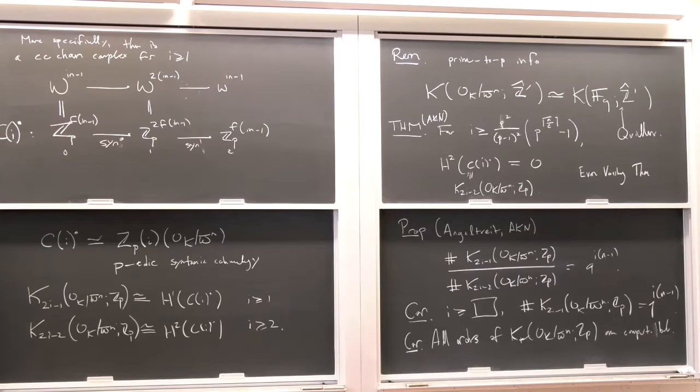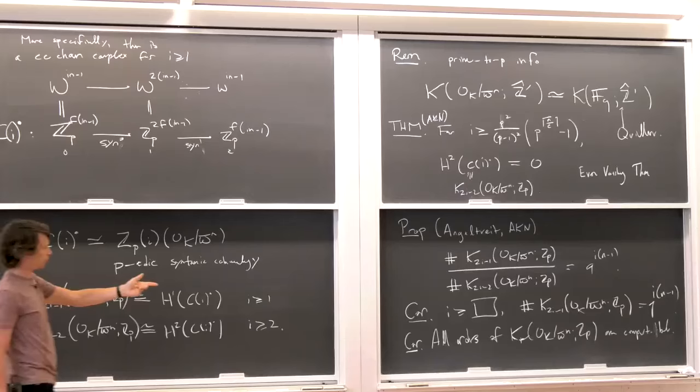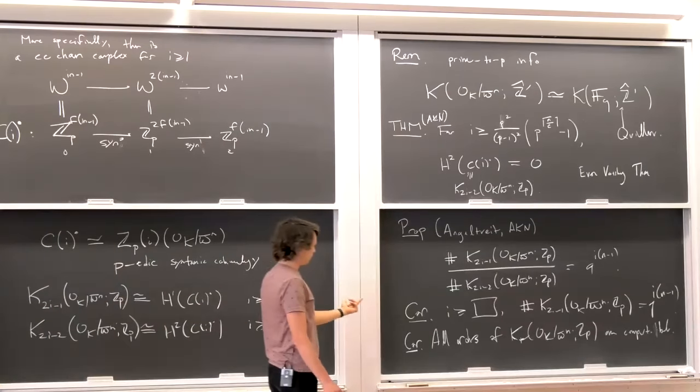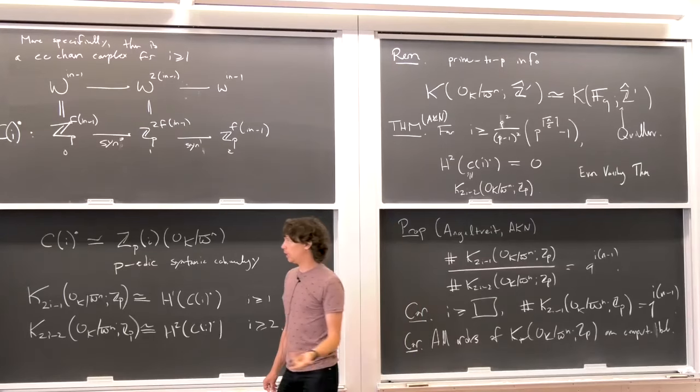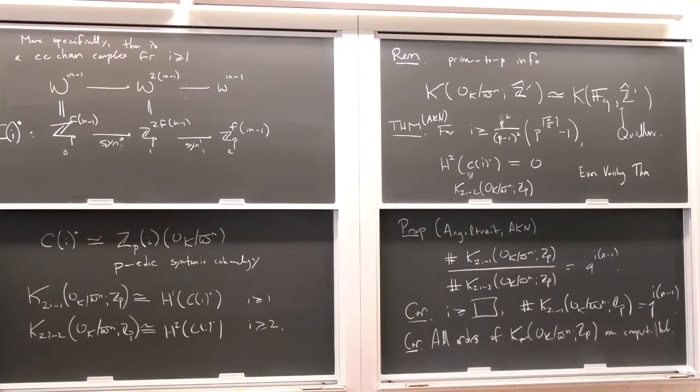So let me just say one more thing about the nature of this result. For Z mod 4, for example, one can compute all of the K groups, all of the orders.